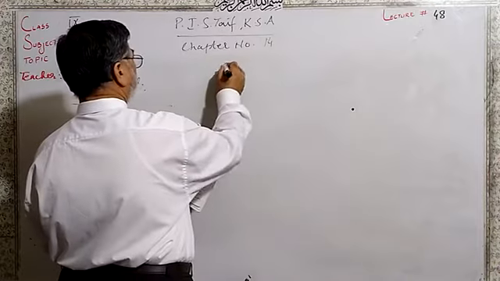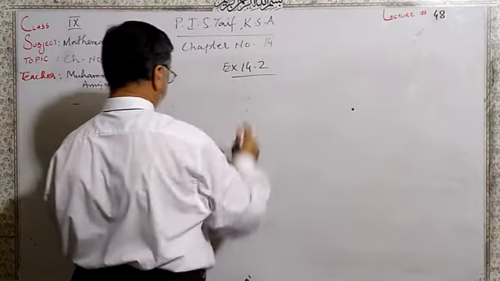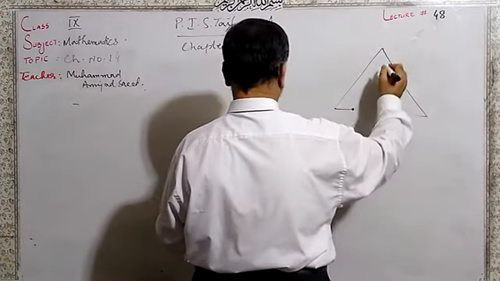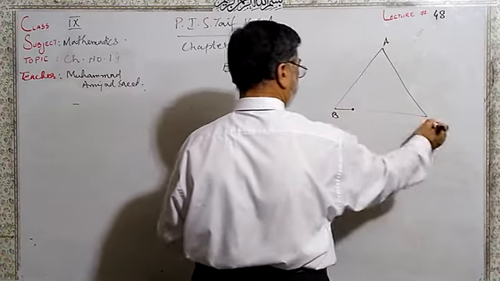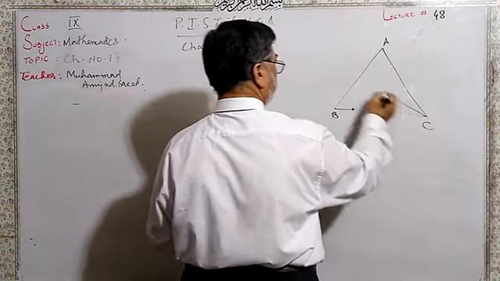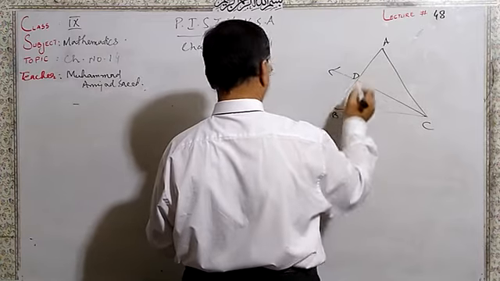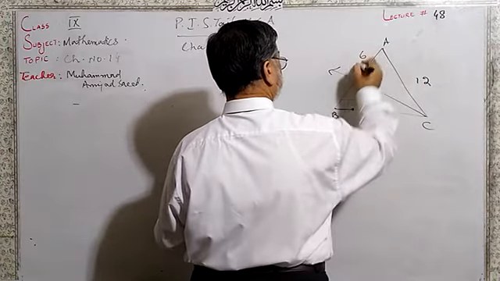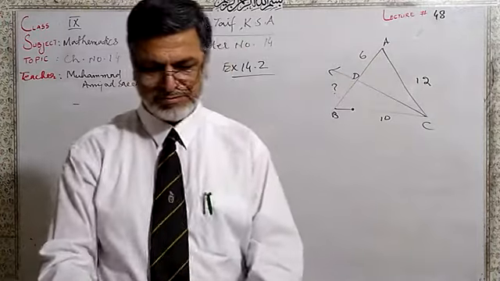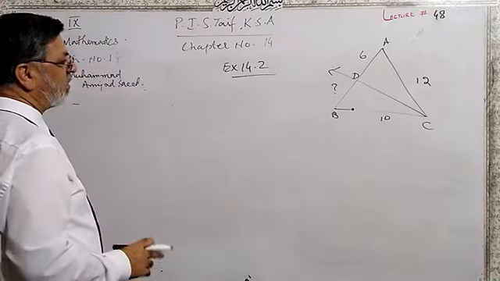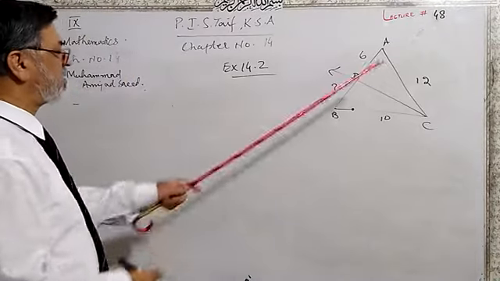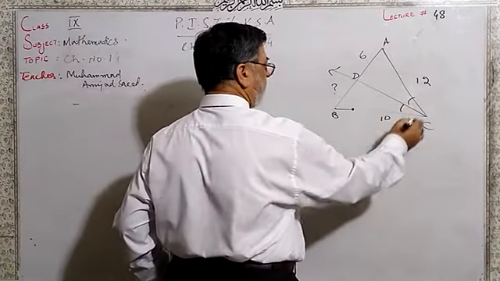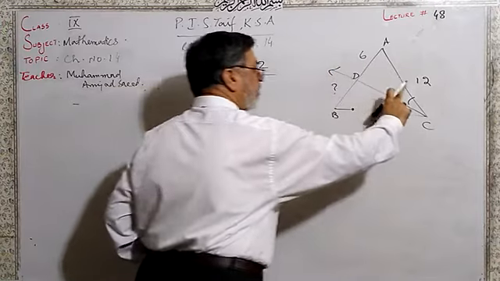For example, in exercise 14.2, we have a triangle ABC, and this is angle bisector CD. This divides the sides 12 and 10, and this is 6. What is this side? Dear students, you know that we have just proved this theorem that the angle bisector divides the opposite side in the ratio of its arms.